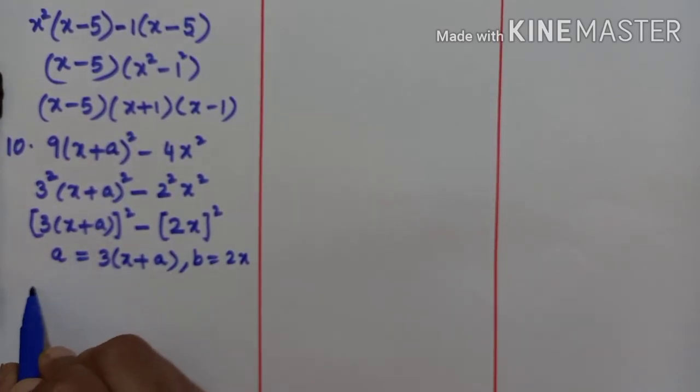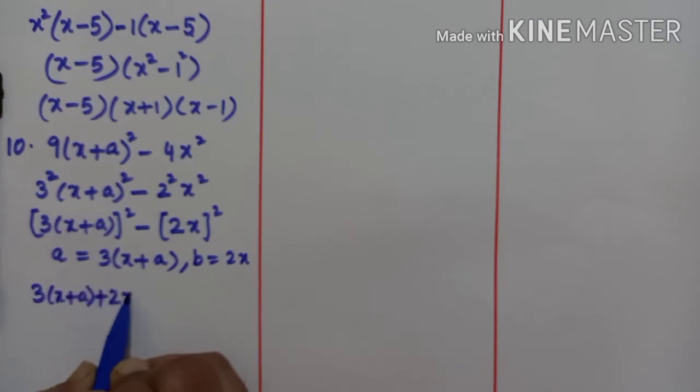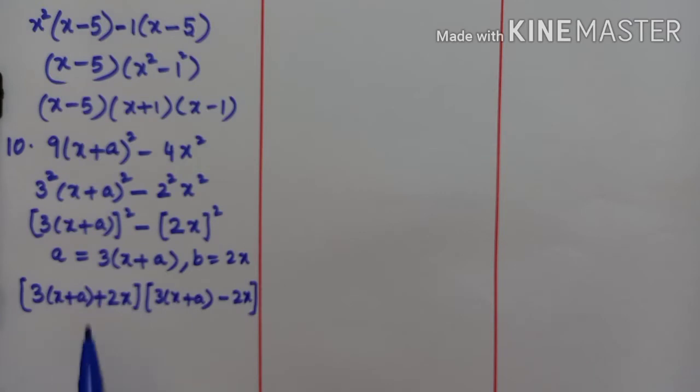So what is your a? a plus b into a minus b. Okay, this is a plus b, then a minus b. Okay, so now you can just expand this.